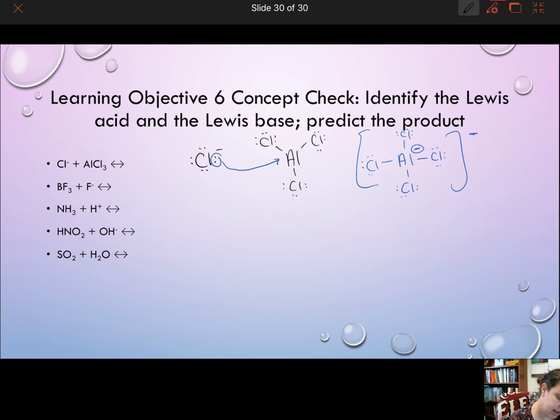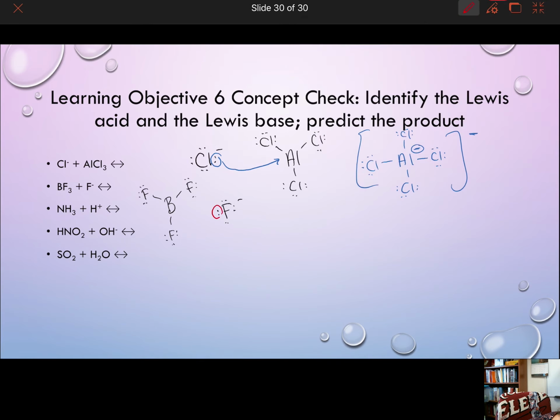Okay. BF3 plus F minus. We have that right there, boron trifluoride. And again, this is a species where we are electron deficient. We add in F minus, a species that is electron rich.